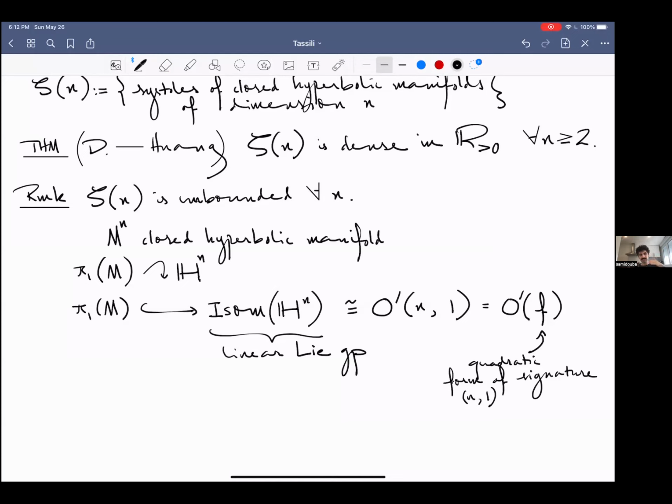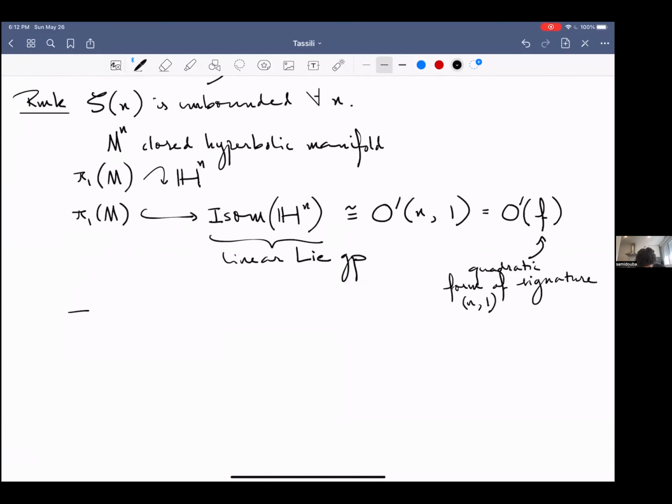But the point here is that the fundamental group of a closed hyperbolic manifold is a finitely generated linear group. And so in particular, the fundamental group of such a manifold is residually finite, really by Maltsev.